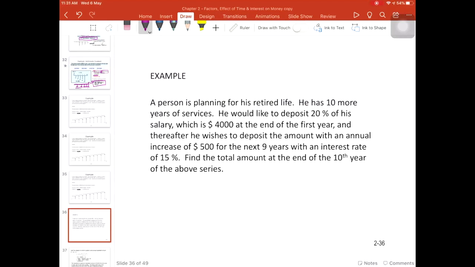And thereafter, he wishes to deposit the amount with an annual increase of 500 ringgit for the next 9 years with an interest rate of 15%. Find the total amount at the end of year 10 of the above series. Try to calculate. Read the sentence carefully. Don't make a mistake. He would like to deposit 20% of his salary, which is, that's included.